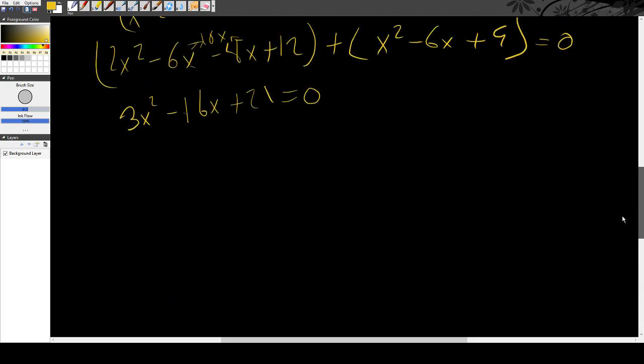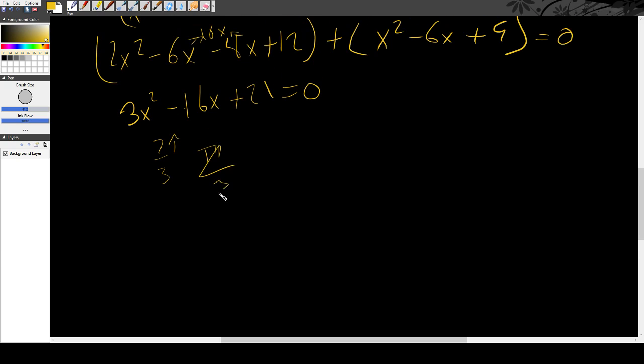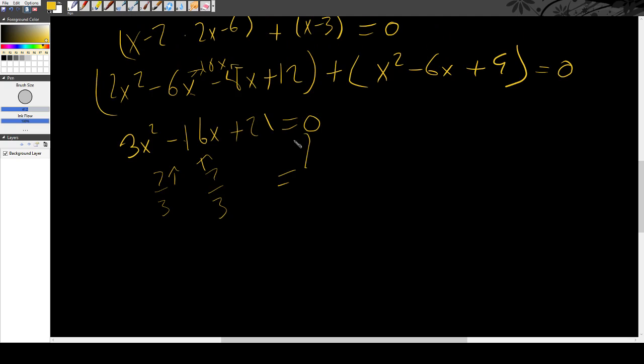If you wanted to be sure, you could plug 7 and a third in for x. You will get it equals 0. I would bet money that you would.